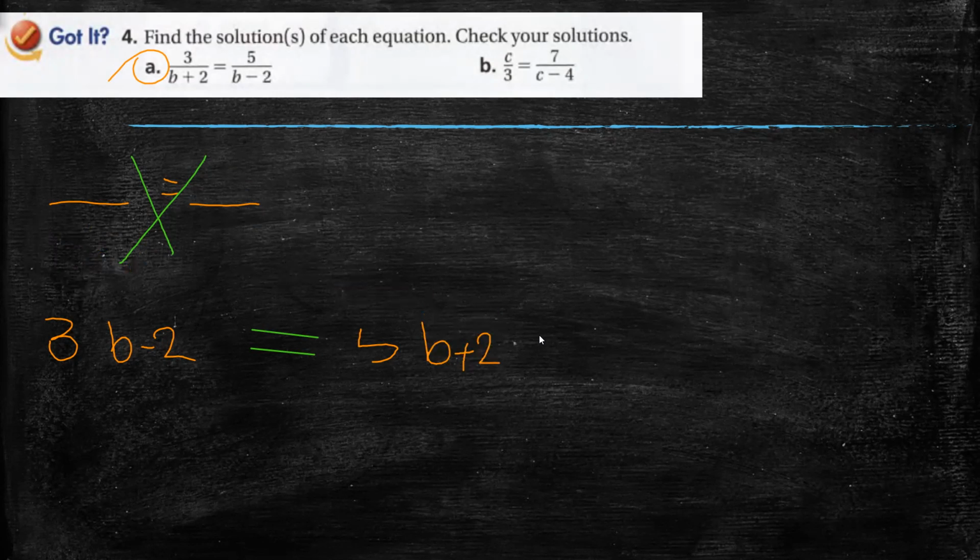So here you have to multiply each term, as you see. So 3 times b minus 2 must equal 5 times b plus 2.